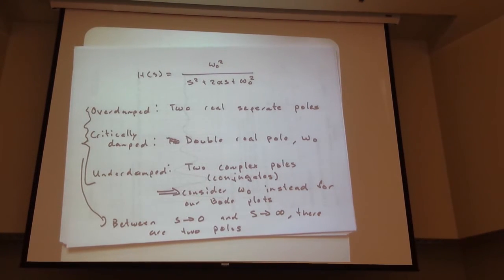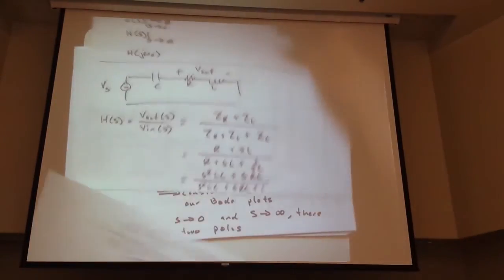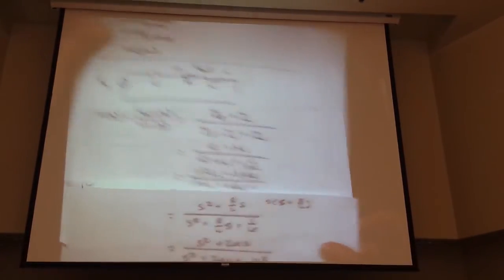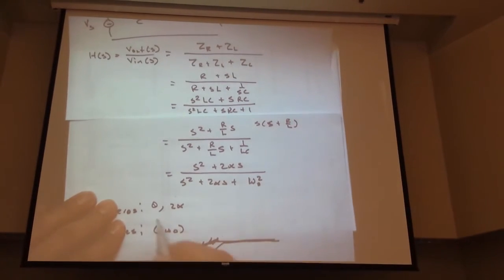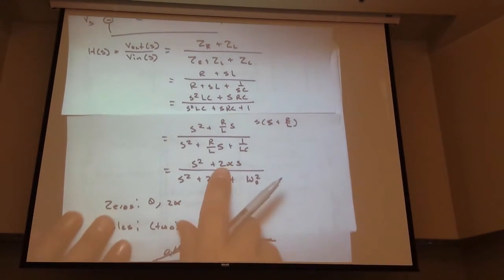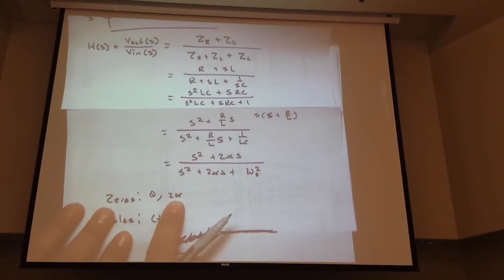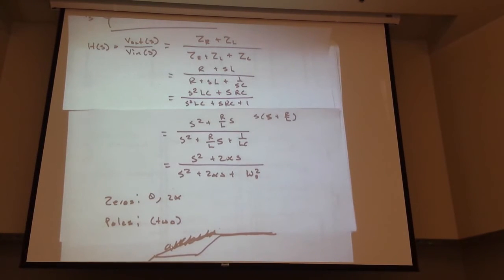So, I mean, if we go back to the question that was brought up earlier, where we looked at this one, we measured across the resistor and the inductor. Then, yeah, this is a real 0. We have a 0 at 0 and a 0 at 2 alpha. And then here we have P1, P2, depends what the damping is.